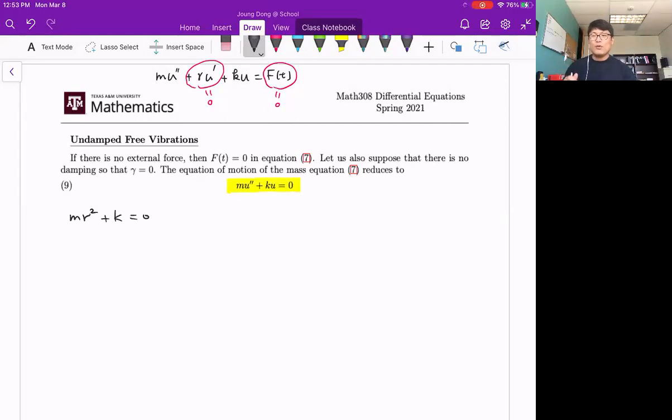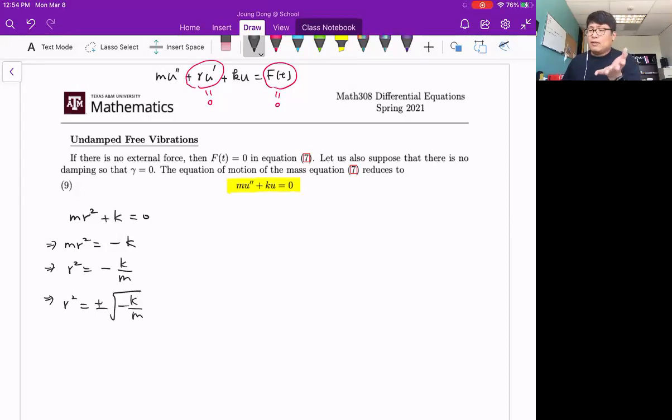We move K to the right-hand side, so minus K on both sides, and divide by M on both sides, and take the square root on both sides. But don't forget you must have a plus and minus sign in front of the right-hand side.